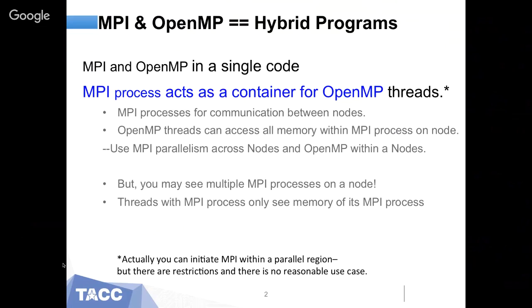And so what's MPI for? It's for sending messages between nodes on the computer across the network. And basically, you can think of OpenMP as doing work on the node and not being able to get across the network.